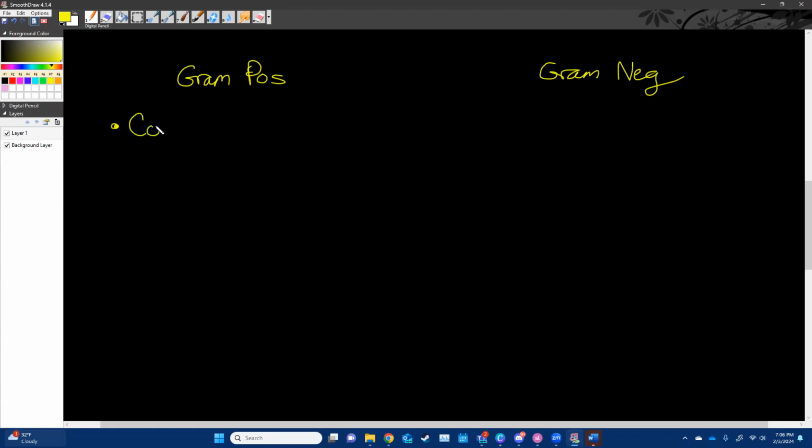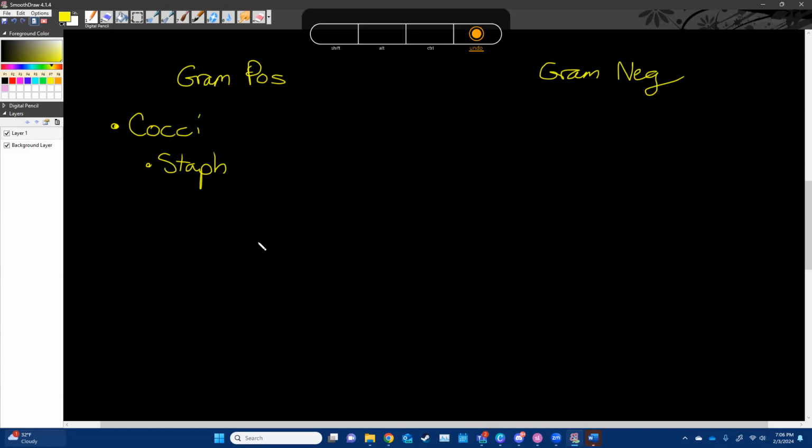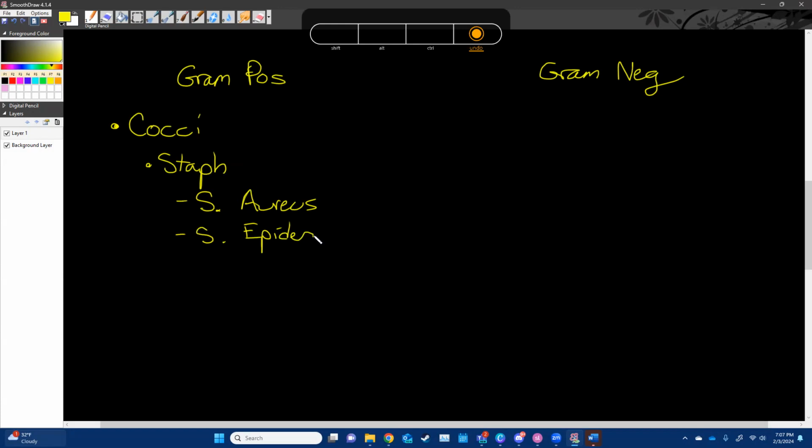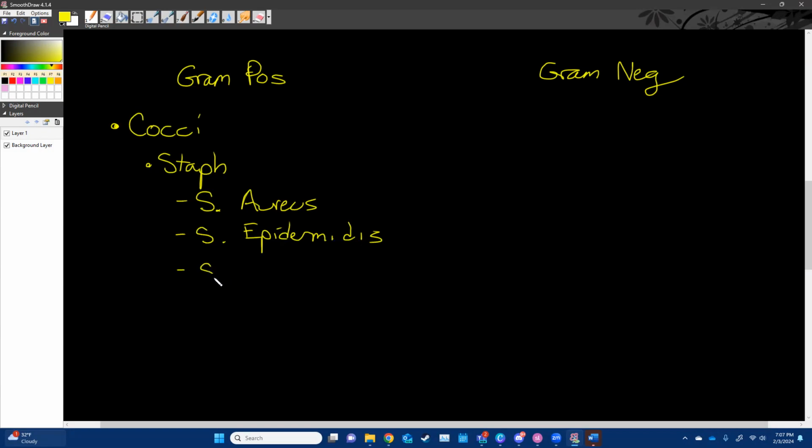The first is our cocci. Really what we have is staph, which includes staph aureus, staph epidermidis, and there's another one, staph saprophyticus.